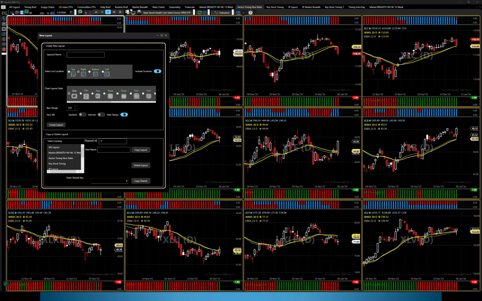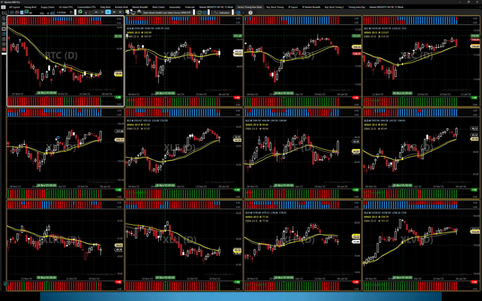New layout, Sector timing non-ratio. That's the number. Copying, pasting it in the text chat box. And if you take that number, put it where it says enter shared key, and hit copy shared, you'll have your very own version.